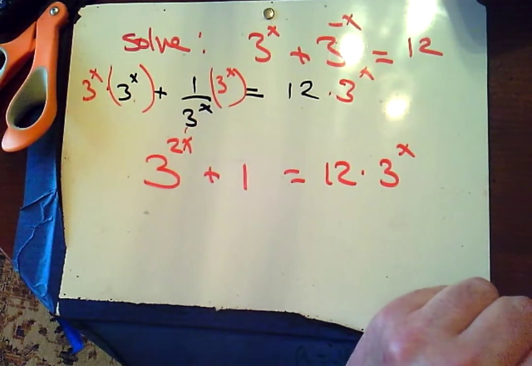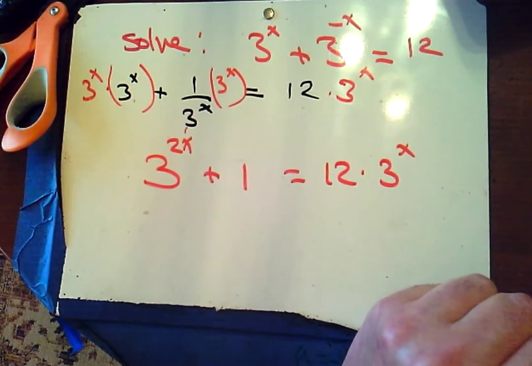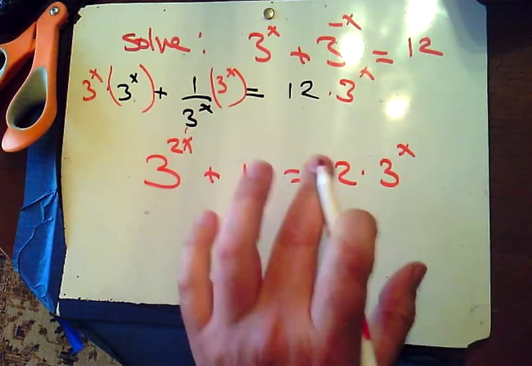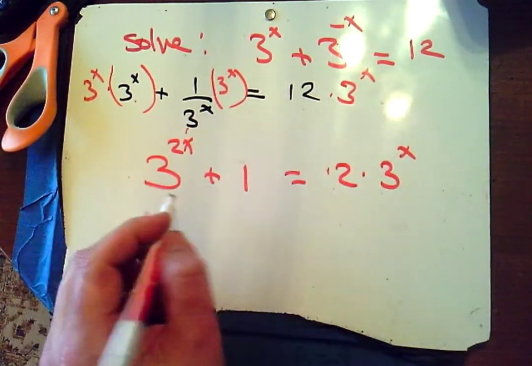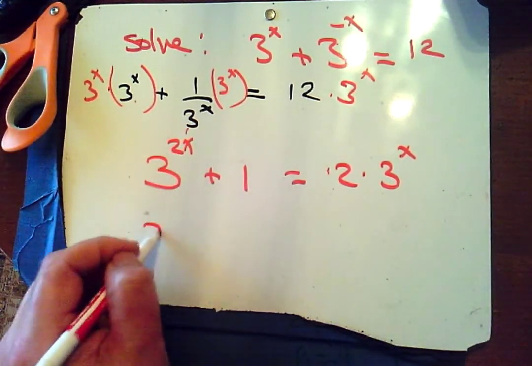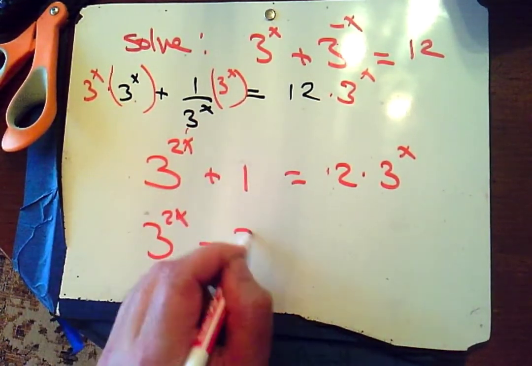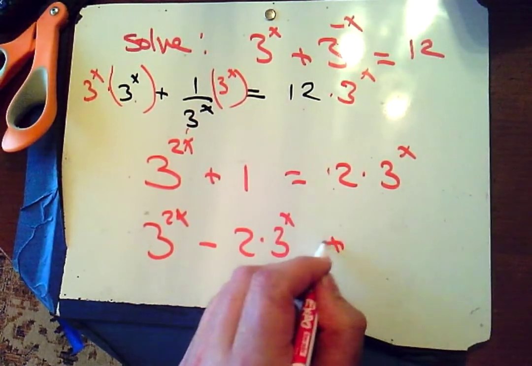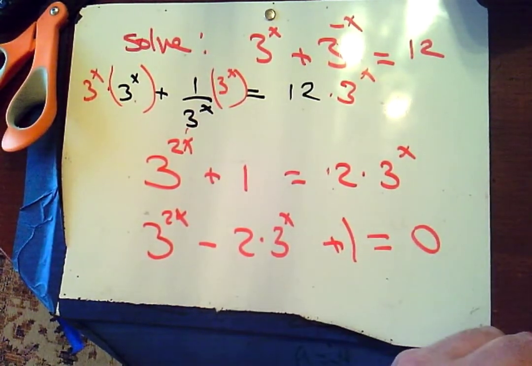Okay, now I'm going to put this, maybe it's 2. I'm going to put this in standard form, which means I want decreasing powers. So 3 to the 2x minus 2 times 3 to the x plus 1 equals 0.